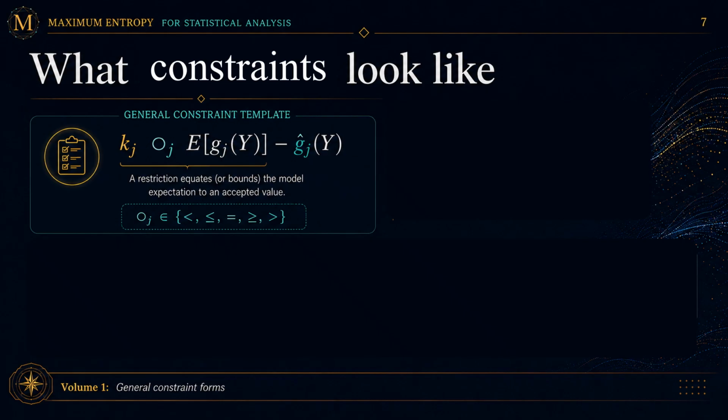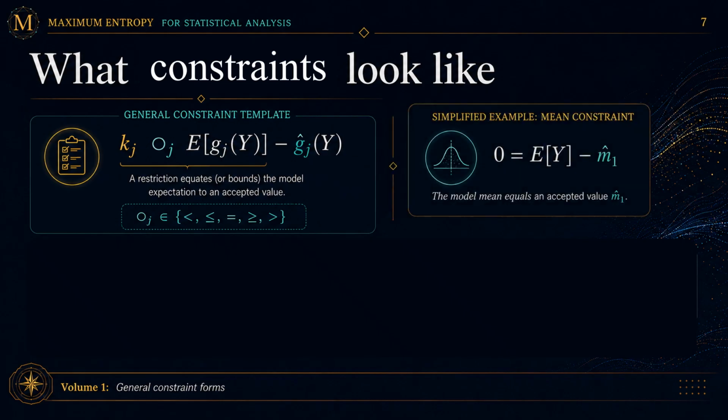Okay, but let's just give a simplified example of a constraint, and that is the mean constraint. Let's march through this. So here 0 is k of j. The circle is equals. That is the relation between the left-hand side and the right-hand side. Now we have the expected value of a function of y, and in the mean constraint, the function of y is just y itself minus an estimate of that function.